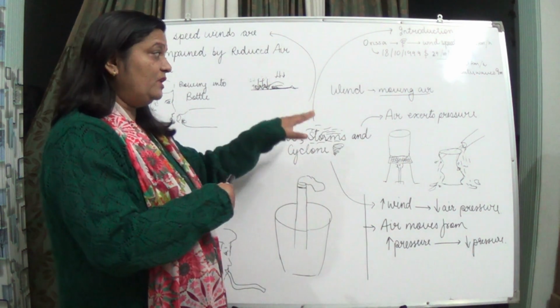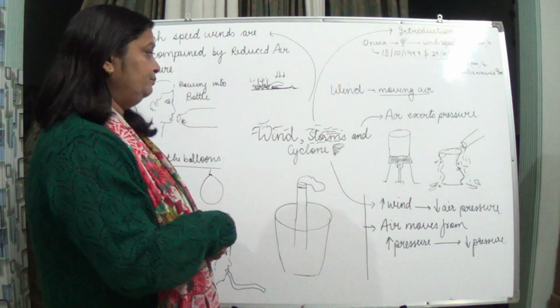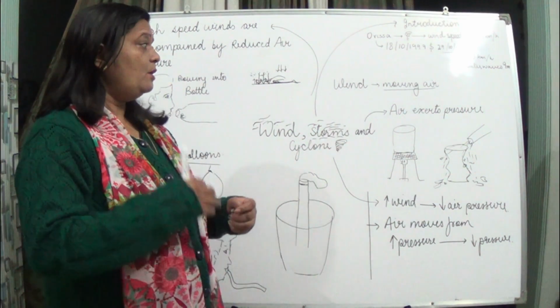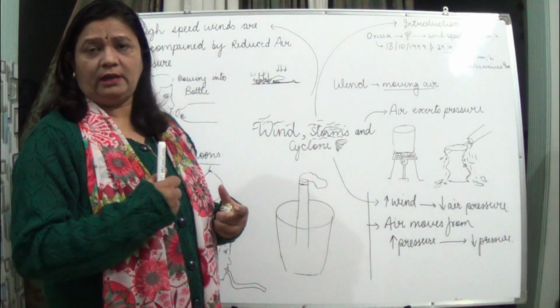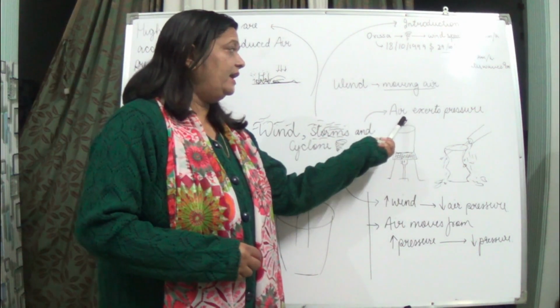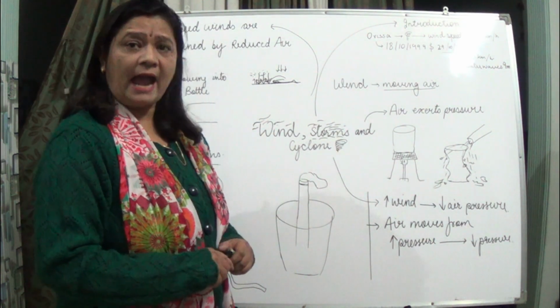Next we are going to see that this air exerts pressure. How does it exert pressure? Let us see through the experiments what is actually going on. First we will see the point that air exerts pressure. Let us understand with the help of an activity.